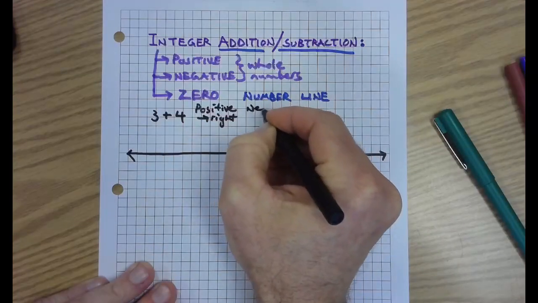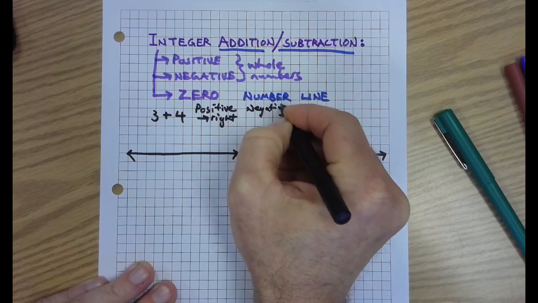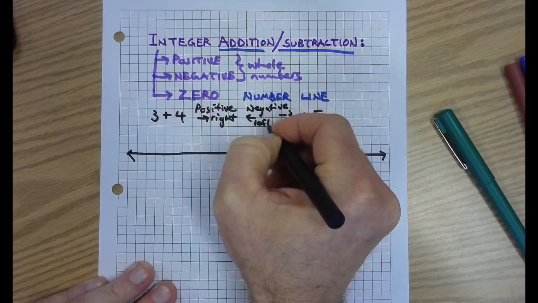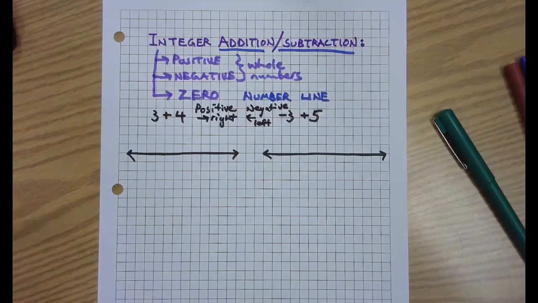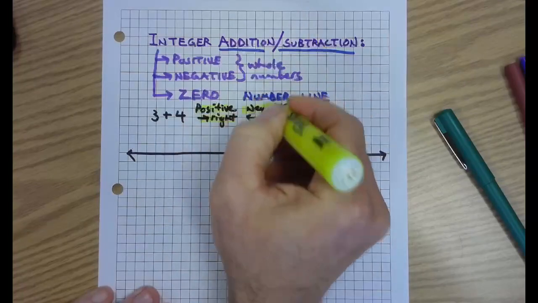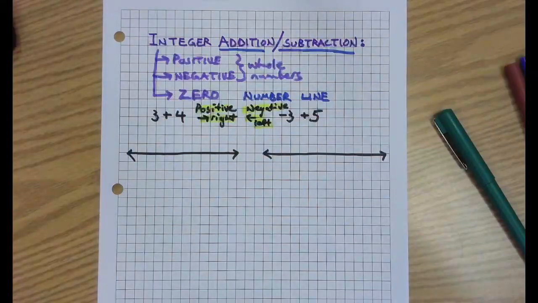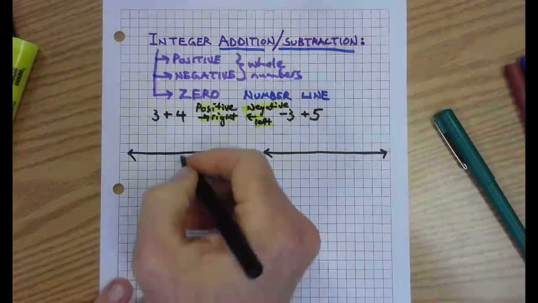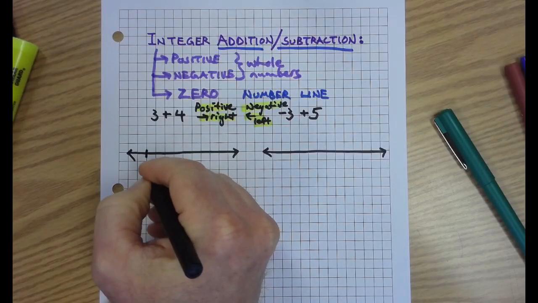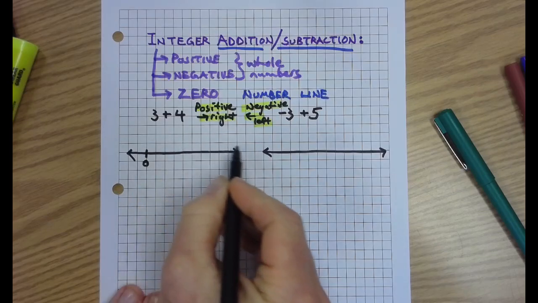Negative means, you got it, go left. So we want to plan where to put the zero. Always use a zero. This one's all positive, so I'm going to put the zero way over here, because I know I'm moving this way.